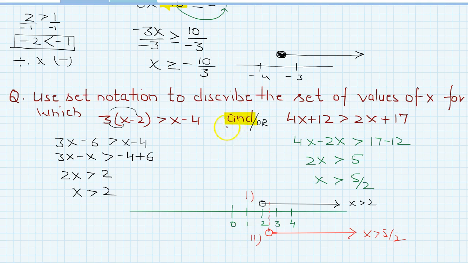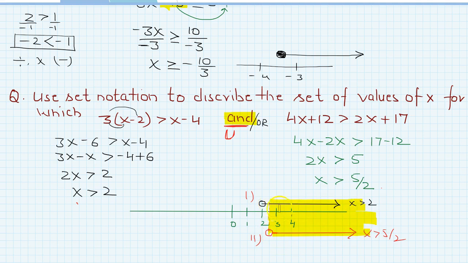Now it says and. So when it says and, it means the part which is common in this and in this. So what we can see here, this part is common on the number line.